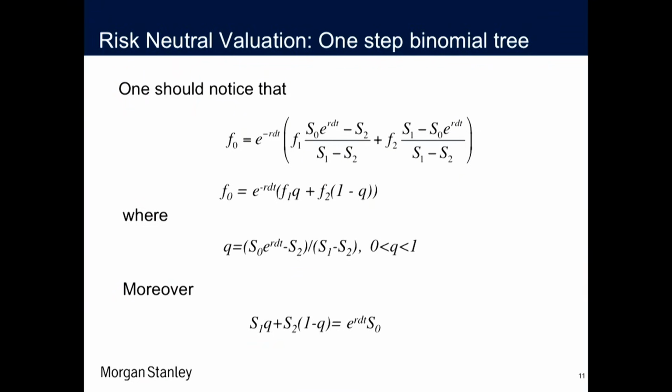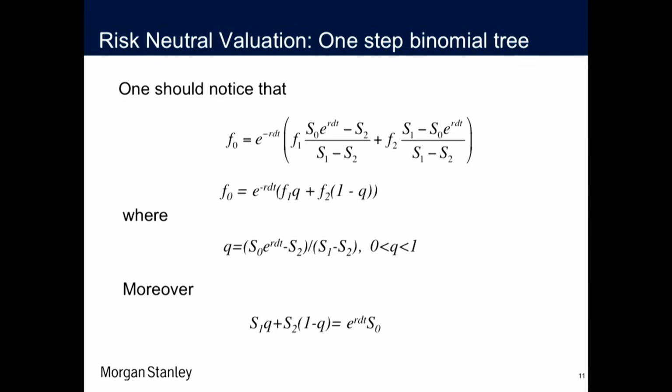An interesting way to look at it is to rewrite this formula slightly in such a way which does remind us of taking an expected value, maybe discounting it, because this is expected value sometime in the future. But this probability, and it is a probability because this number Q here is between 0 and 1, has little to do with the real world.